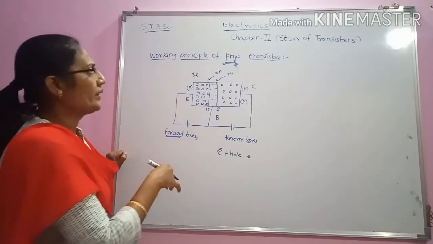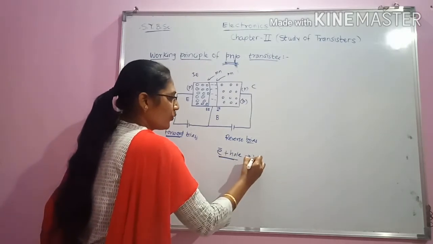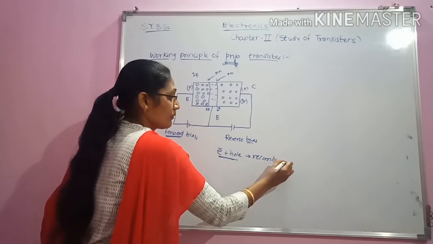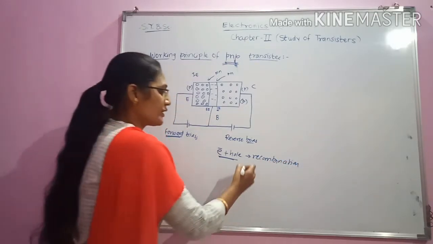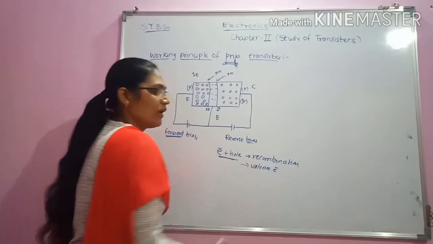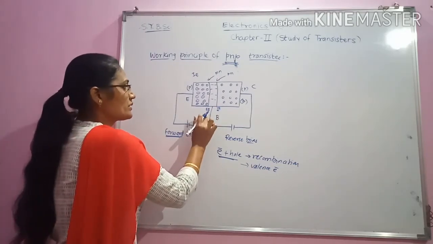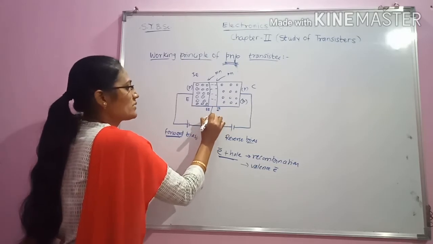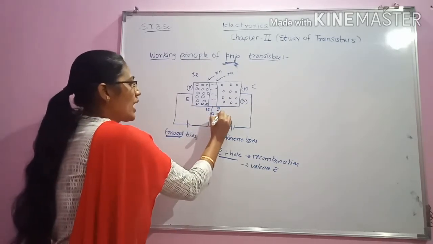In the same way as in the NPN transistor, electron hole recombination takes place, and there is generation of valence electrons, and these valence electrons start to move towards the base terminal of the transistor and give rise to IB.